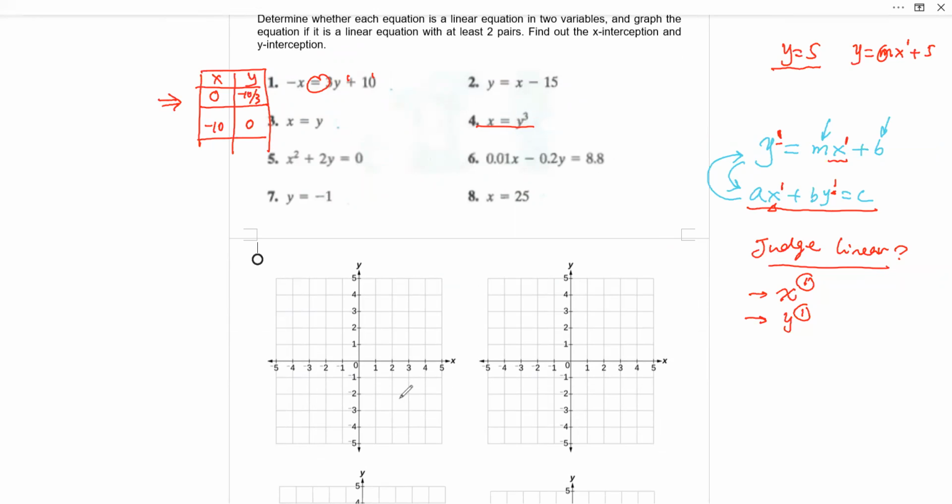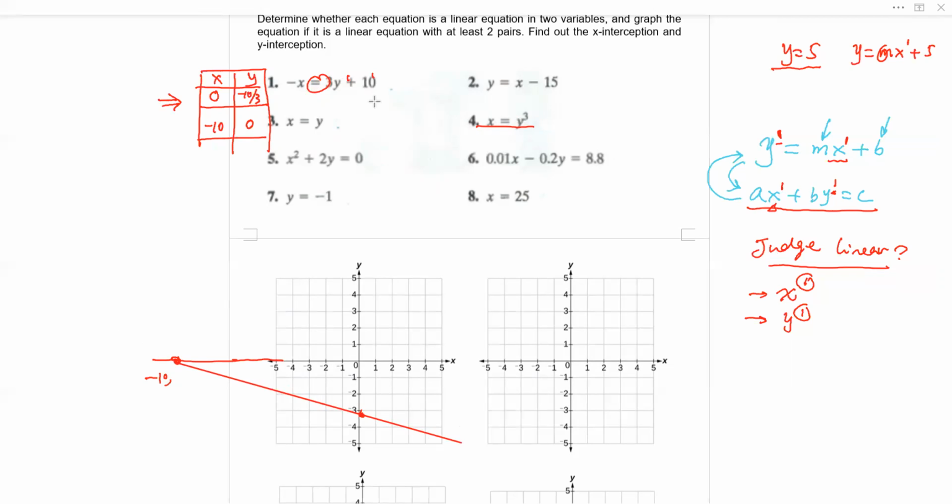And the second one, negative 10, 0, is actually far away from here. You pass this dot, negative 10, 0, and here. So you can graph it this way. So this is a linear line.